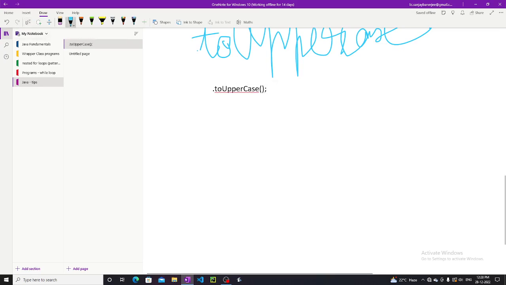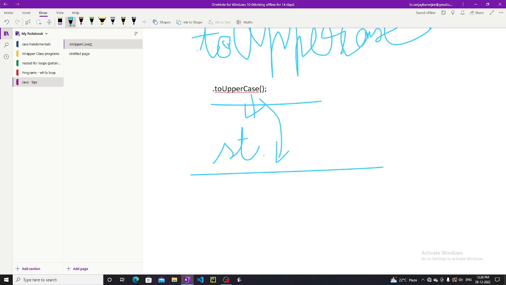As you can see, this is a function name. What this function does is, if a string st stores a string and I write dot and this function, it will convert this whole string into uppercase. So you have to write it exactly like this.